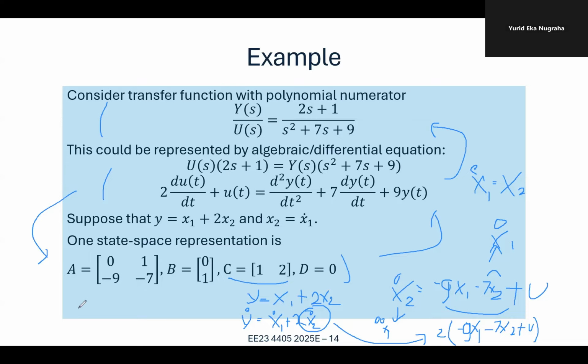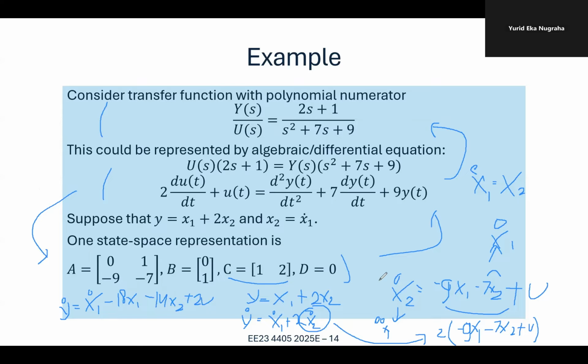Then this y dot here is x1 dot plus or minus x1 dot minus 19 x1 minus 14 x2 plus 2u.